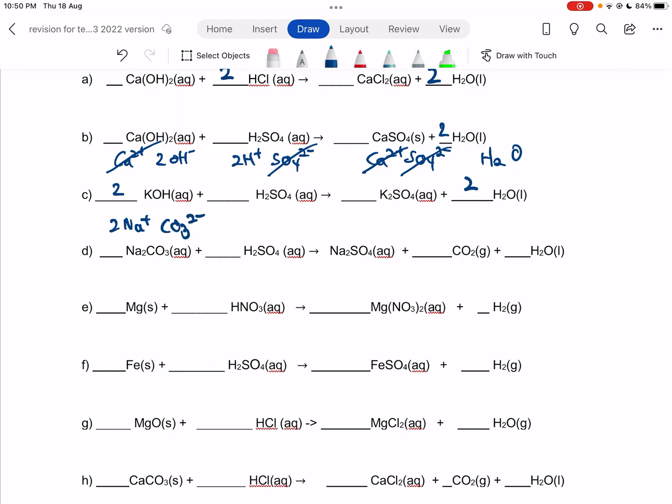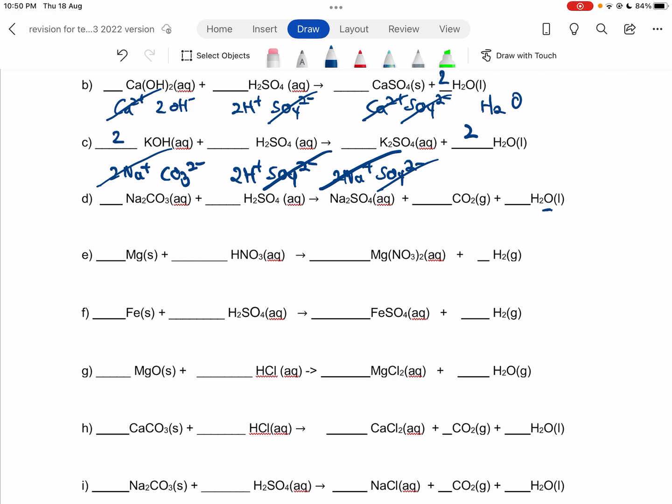This is 2H+ 1 SO4 2-, 2 Na+ 1 SO4 2-. Okay, so 2 Na+ and 2 Na+ balance, this one balance. So CO3 will become CO2 then the remaining O goes here.